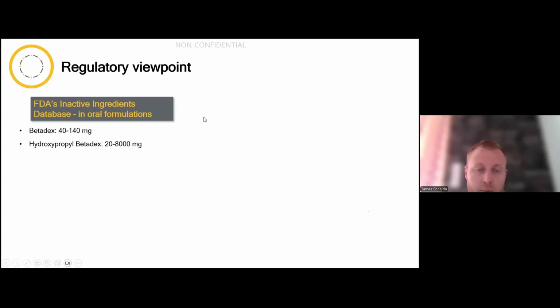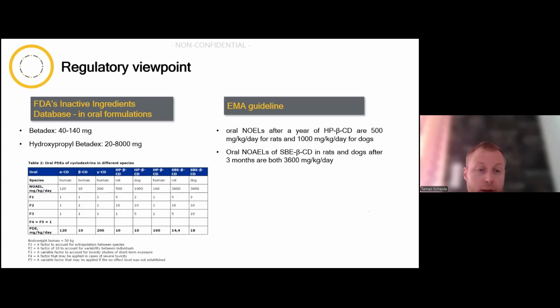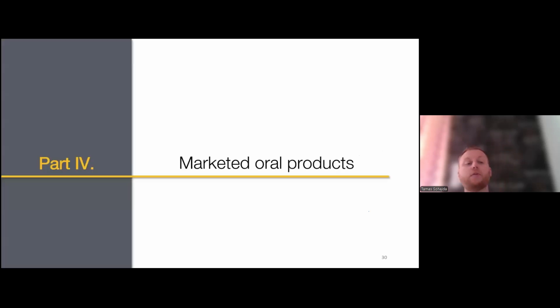This 5 gram a day corresponds to the itraconazole product that I brought up before. In the EMA guideline, I already showed you the table of suggested doses for cyclodextrins. The highest doses are in the gram range, but there is a complete table that you can search in this EMA guideline if you want to look at what is available and what is not available.